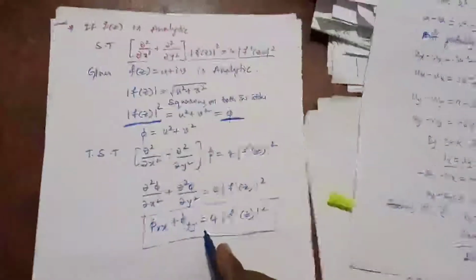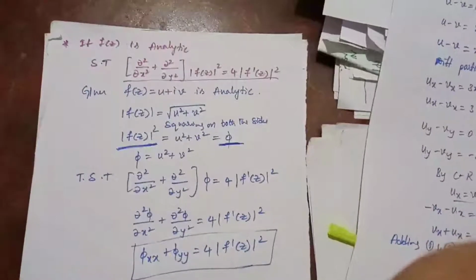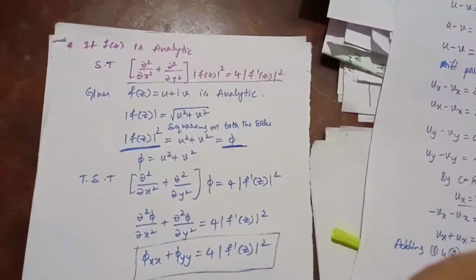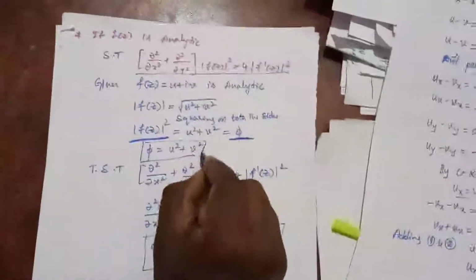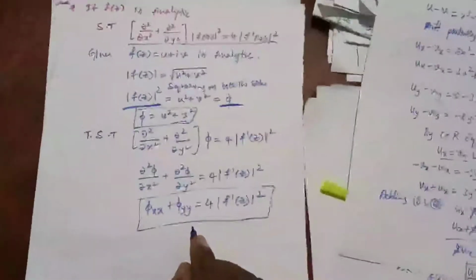Instead of writing all those things, we write that these two are equal now. Since f of z is analytic, find the modulus square and call that phi. So here phi is u square plus v square, substitute that. Now we have to prove this result. These two are equivalent now.